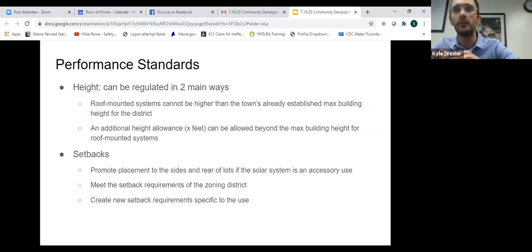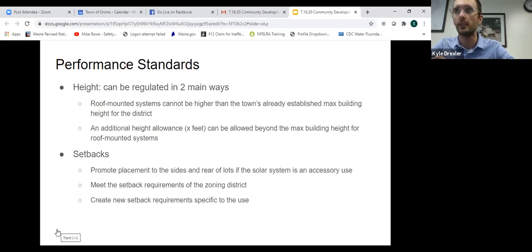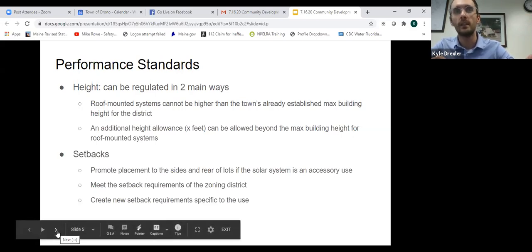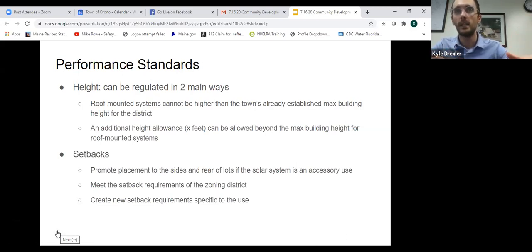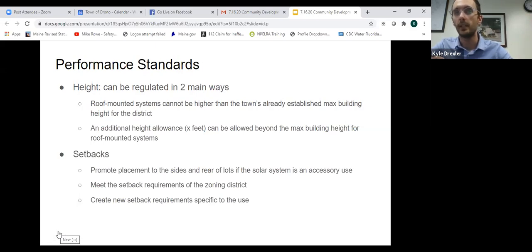Or if people felt it was warranted that they be set back a little further, you could increase that setback to a different number. I think I saw in the Belfast ordinance that they had a 50-foot setback in certain cases. Maybe for the larger scale systems, you don't want people to be able to see them from the street or to wander onto the area where those arrays are, so you want it set back a little further.